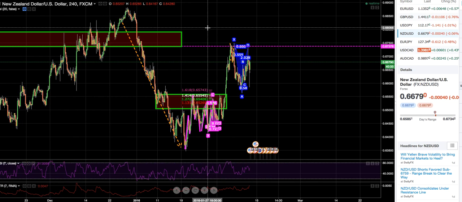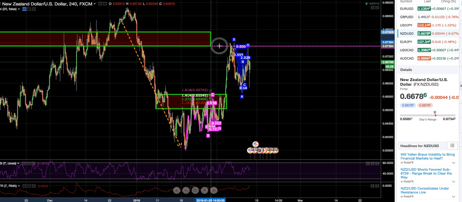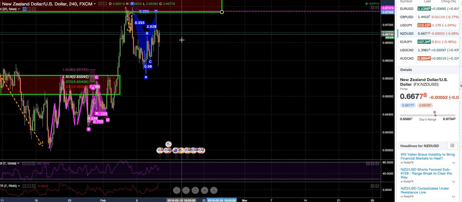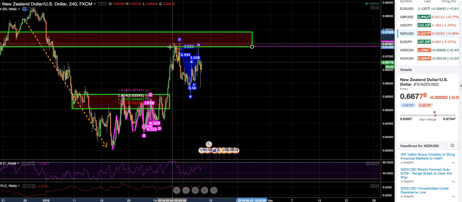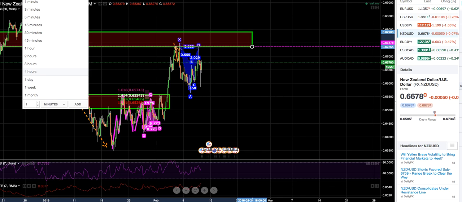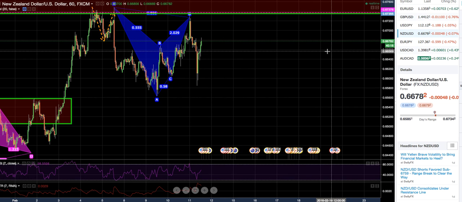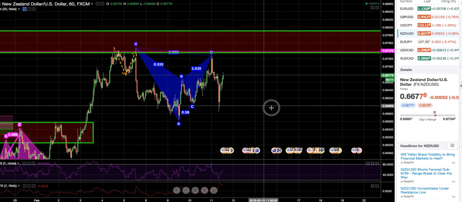It's not going to be perfect, but we're not seeking for perfection in those drawings. We're just seeking for some structure points to exist inside our trading box, if you will.